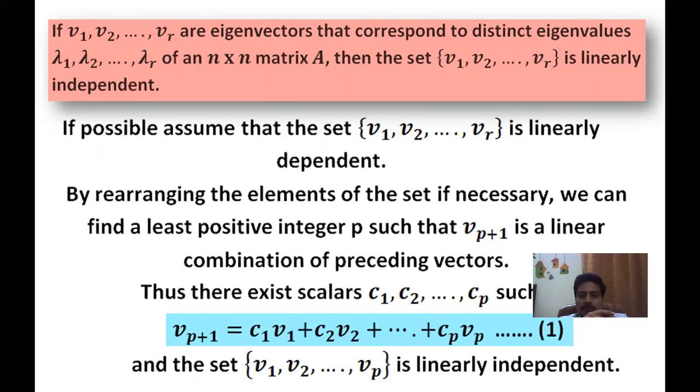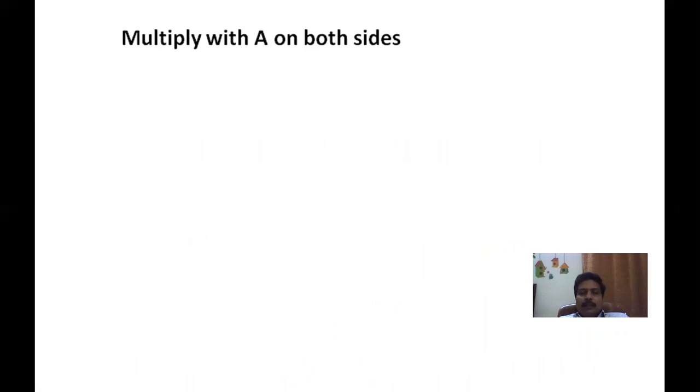Let that number p be the least positive integer so that the first p plus 1 vectors are linearly dependent. So Vp plus 1 can be written as C1 V1 plus C2 V2 and so on Cp Vp, and the set of first elements V1, V2 and so on Vp is linearly independent.